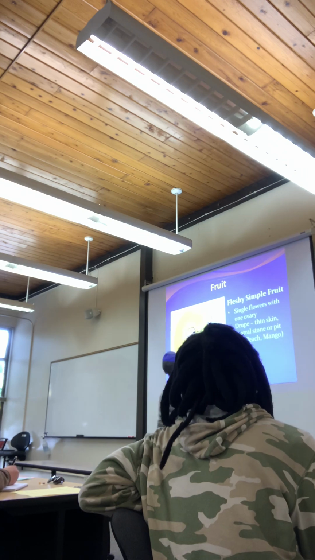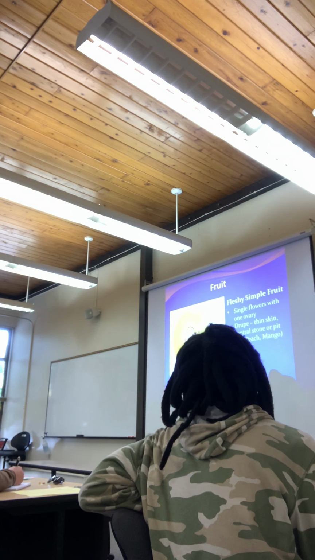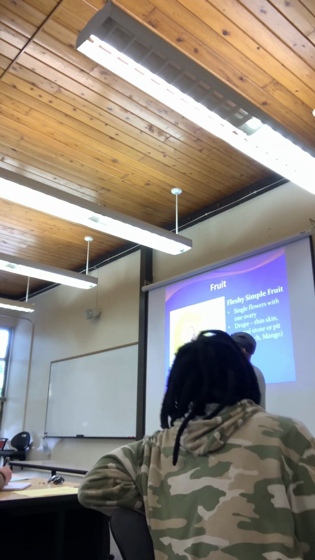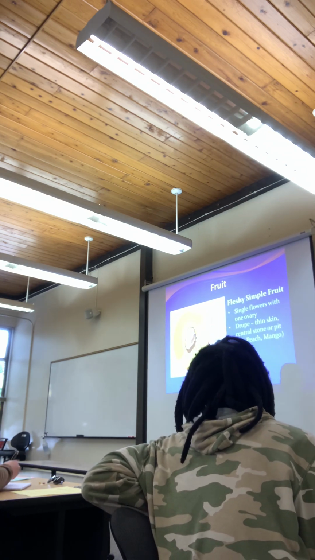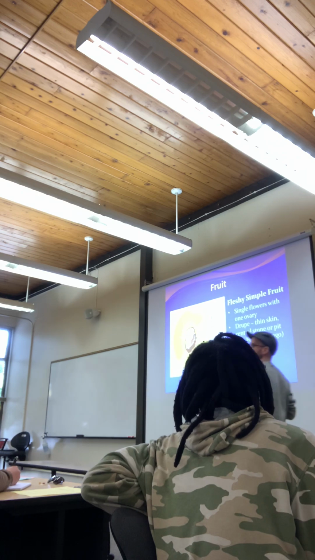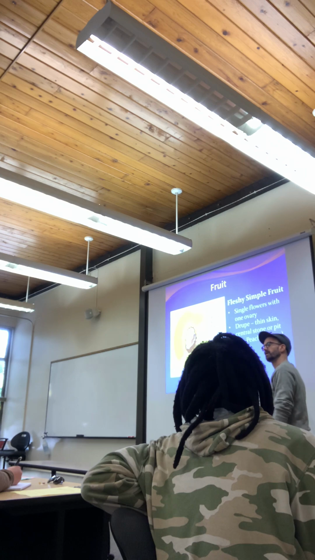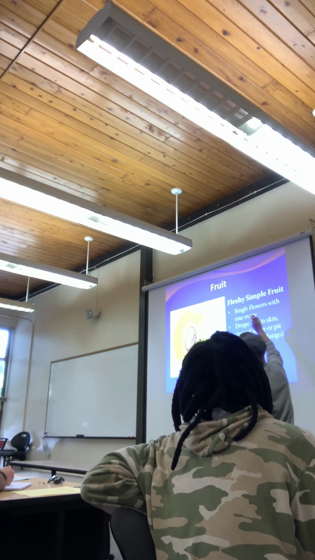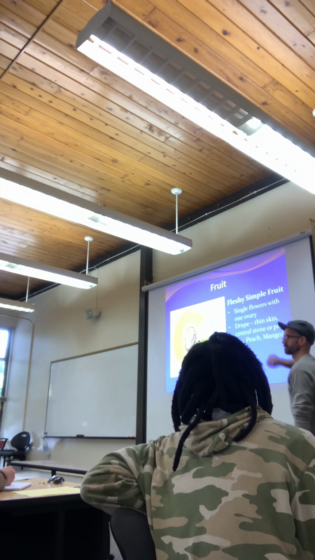And so inside is the seed, right? That's the actual fertilized embryo, encased in a seed coat. Around it is, right, the pericarp, pericarp, like carpal or pistil, right? Just the body part that is the protection and sometimes food availability or attractant for seed dispersal. And these come from single flowers with one ovary.